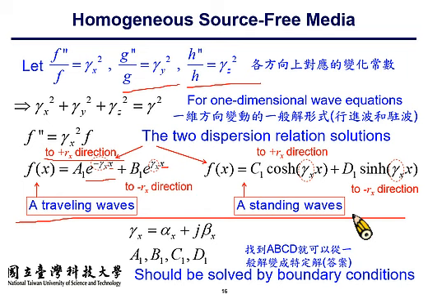And on the other hand, for standing wave, the solution appears in the hyperbolic cosine or hyperbolic sine functions. Okay, so as you can see, it's the summation of hyperbolic sine and hyperbolic cosine functions. So again, the first term, the hyperbolic cosine term, stands for the wave that goes to the positive x direction, and the hyperbolic sine function, the second component, stands for the wave that goes to the minus x direction.